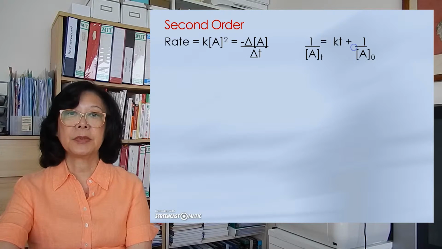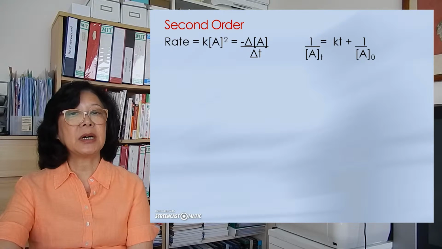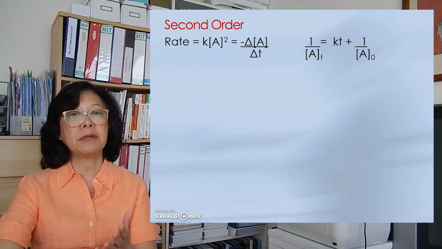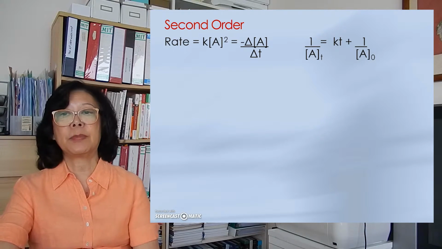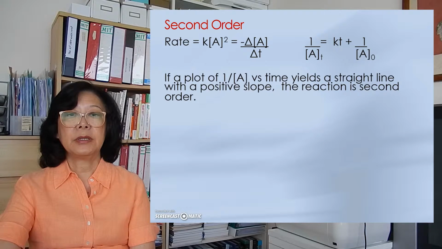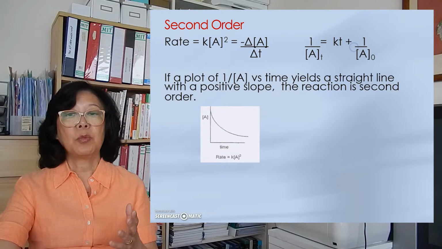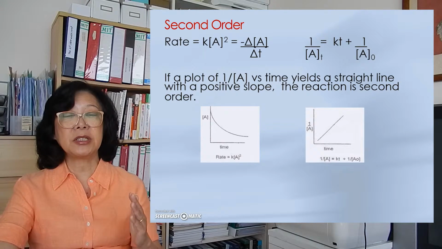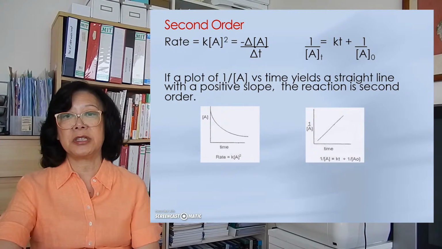Second order. When the rate is second order in the concentration of A, we write rate equals k times A raised to the power 2. Now, if we plot 1 over A concentration versus time, we get a straight line going uphill with a positive slope.